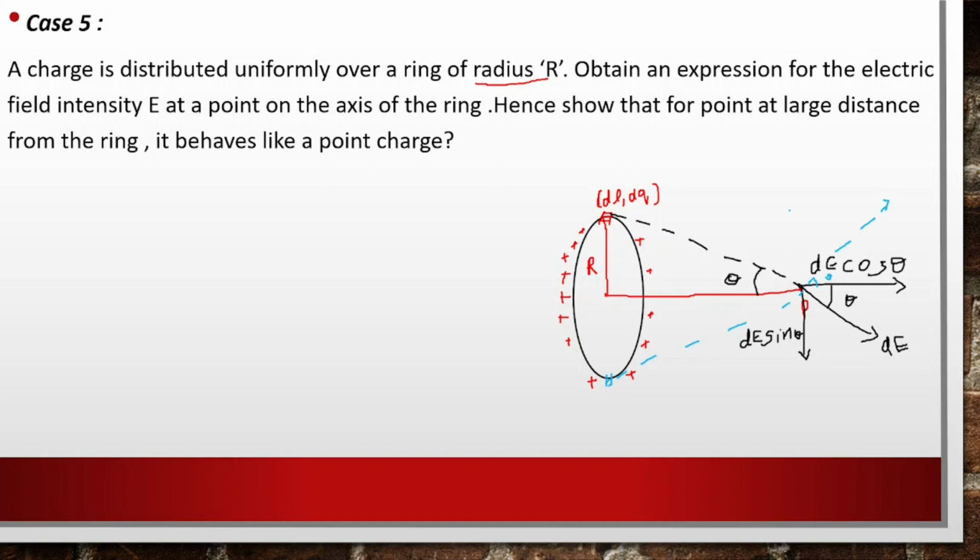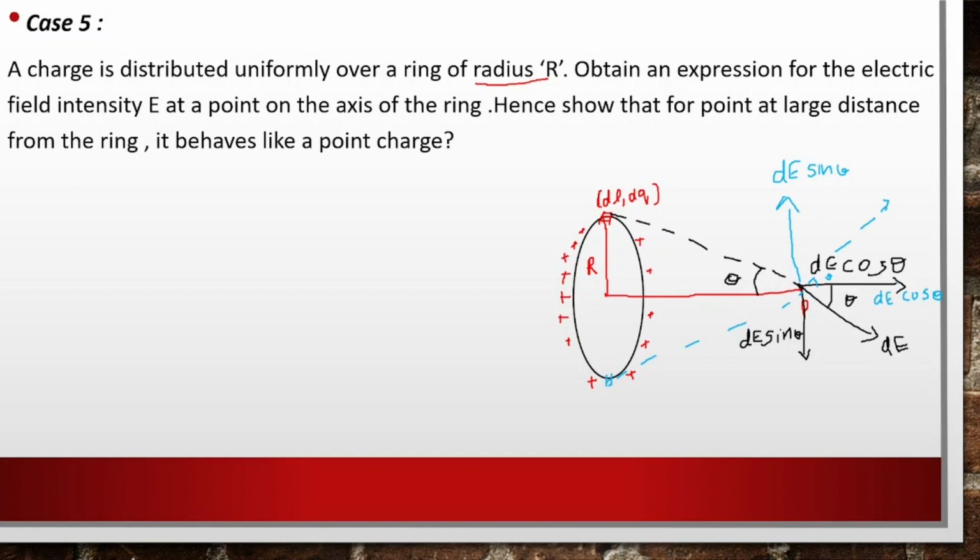When we take components we will get this part as dE sin theta and this as dE cos theta. Since this dE sin theta and this dE sin theta are equal in magnitude and opposite in direction, these two cancel out, and the only component that remains is dE cos theta.